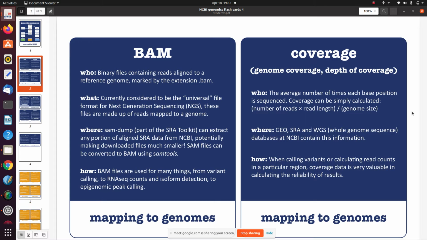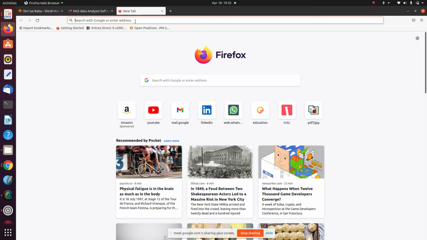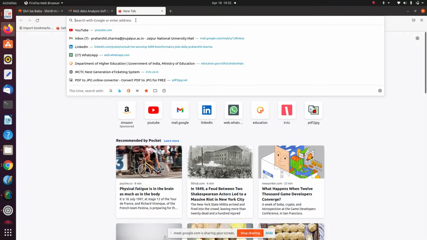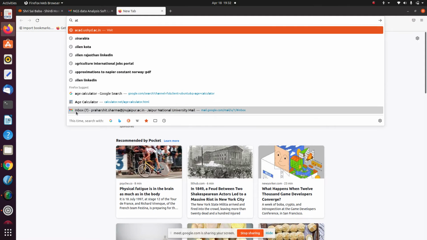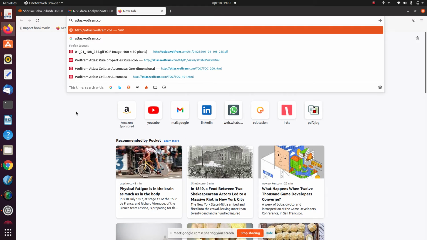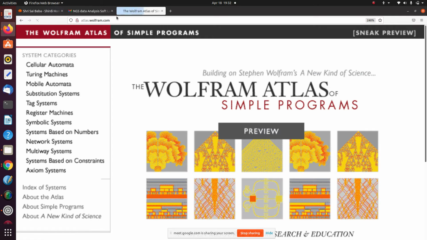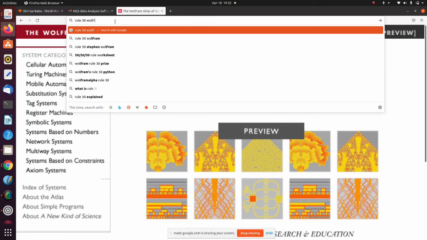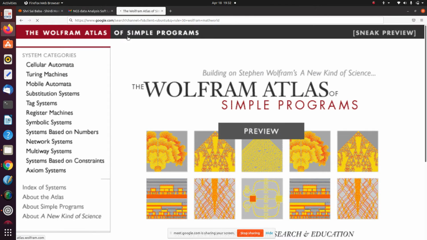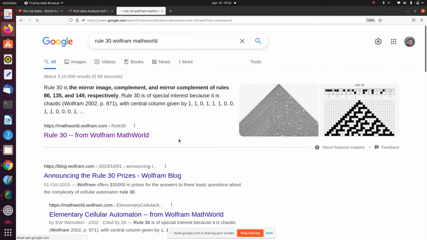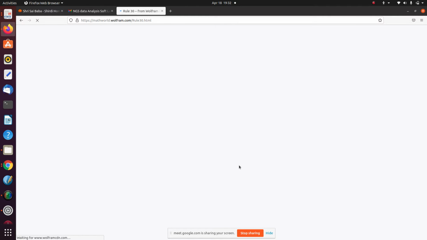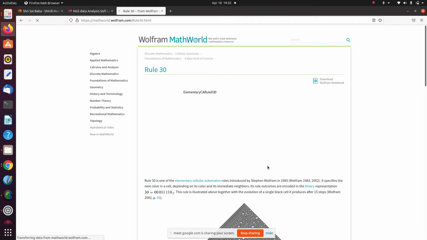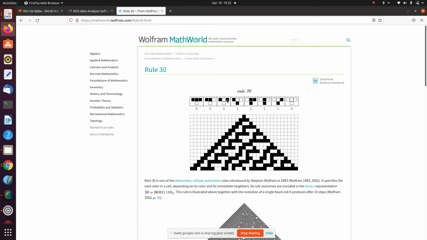So suppose this is a read position. Suppose these are the top rows, right?